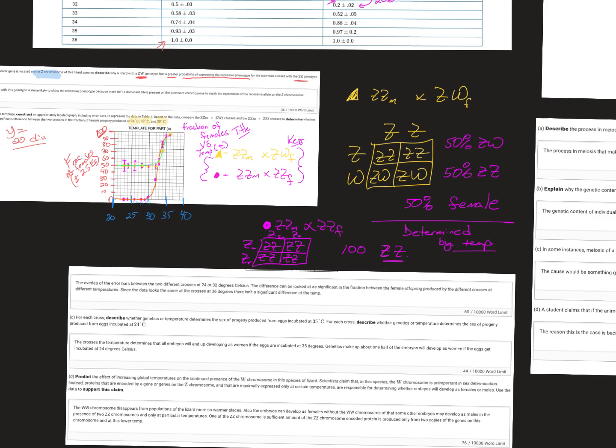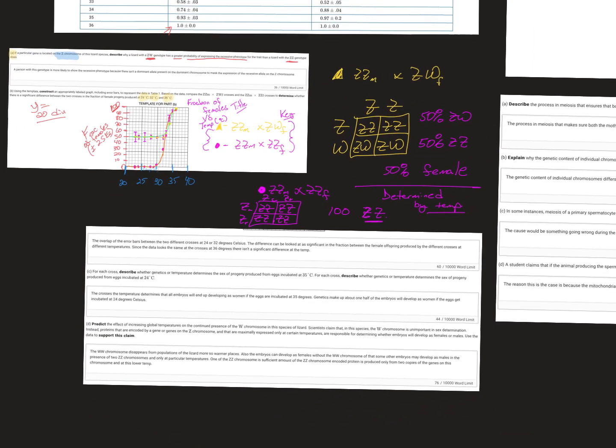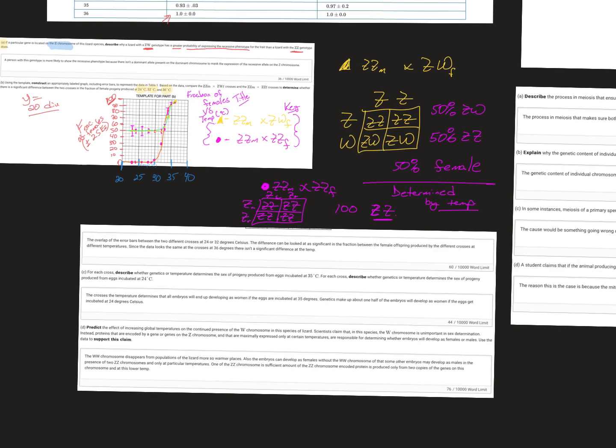There's no ZW that's going to have any genetics really involved in it, because they all have the same genes. They all have ZZ. They all have Zs. So these chromosomes, there is no genetic difference, right? That we know about. They're all Zs. So the only thing that can impact this cross is temperature. At the lower temperatures, they're pretty much all male. At the higher temperatures, they're all female.